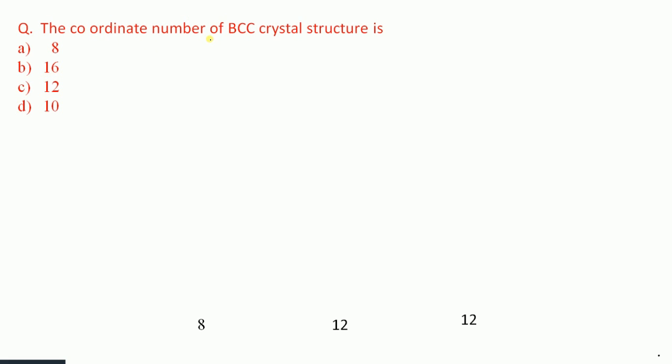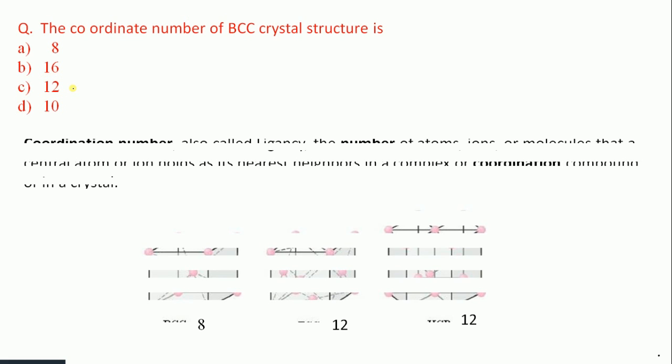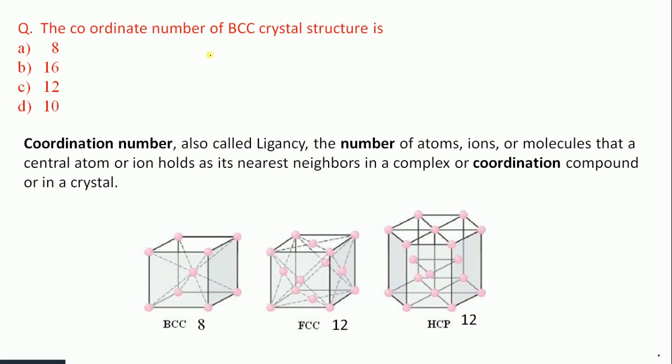The coordination number of BCC crystal structure is: 8, 16, 12 or 10. Coordination number is the number of atoms, ions or molecules that a central atom or ion holds as its nearest neighbors in a complex coordination compound or a crystal.